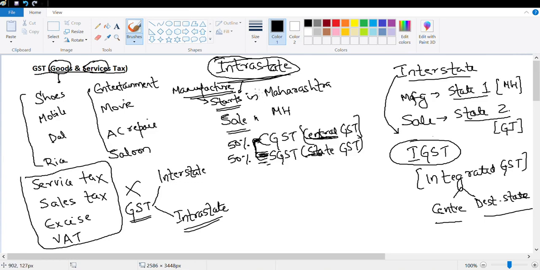Intrastate, which means starts in one state and ends in the same state, it is shared half and half between center in the form of CGST and state in the form of SGST. Interstate, where it starts in one place and ends up in another place, then there is a component which is IGST, which is integrated GST. Again, integrated GST goes to the center and center shares some part of it with the destination state, in this case the state where it is sold.